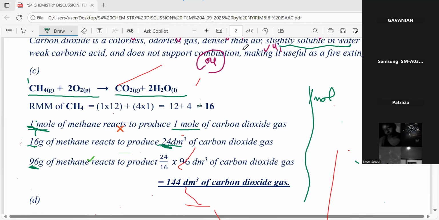Yeah, mine was also similar to the previous speaker. It's just that what we calculated earlier, we used 22.4 decimeters cubed, but according to your guide, we are saying 24. So it's contradicting. Oh, okay. Thank you.